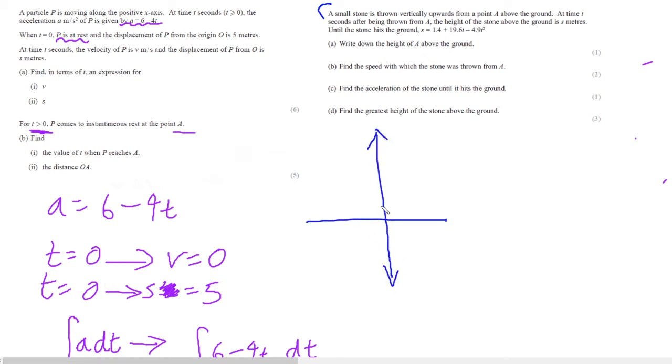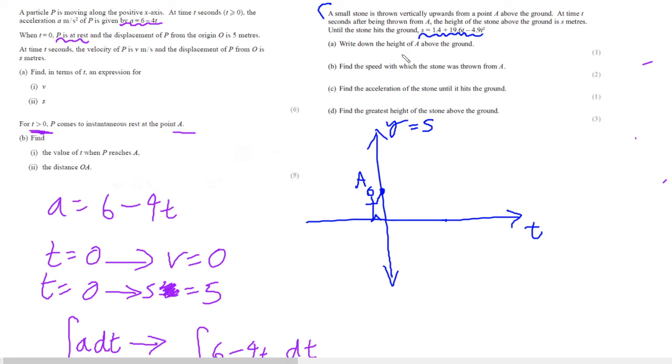You'd have a person standing on the ground, chucking a stone, where the stone leaves his hand at some point A. Let's make this the time axis, and this the height axis, or displacement axis, where we're going to call displacement s, because that's what they use in the question. The height of the stone above the ground is s meters. Until the stone hits the ground, s is equal to 1.4 plus 19.6t minus 4.9t squared.